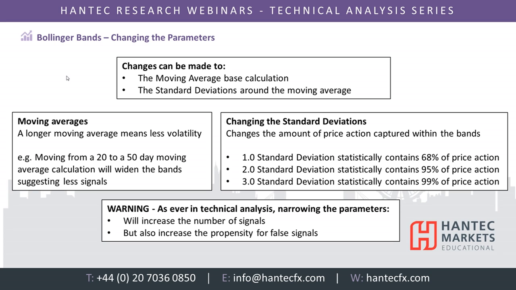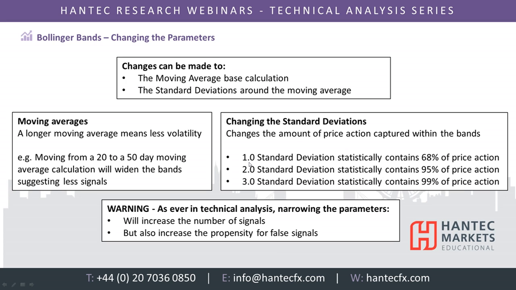Now, as per usual, if you tighten the parameters, you'll end up getting a lot more signals, but the propensity is for more false signals. So the normal way of changing Bollinger Bands is to change the standard deviations.